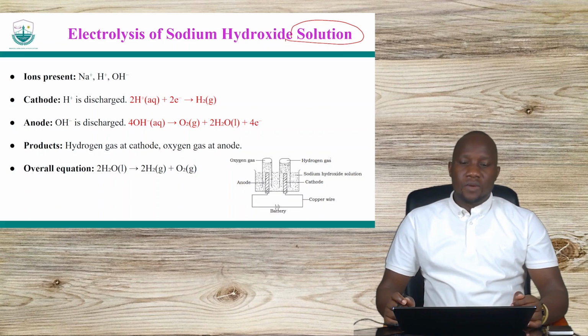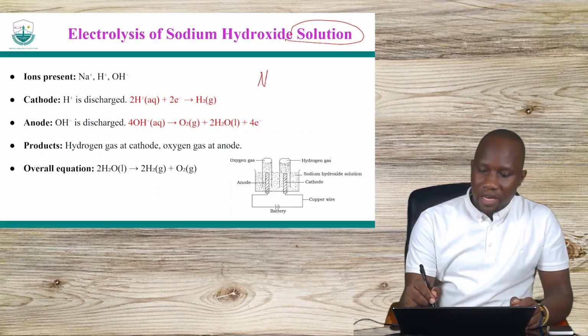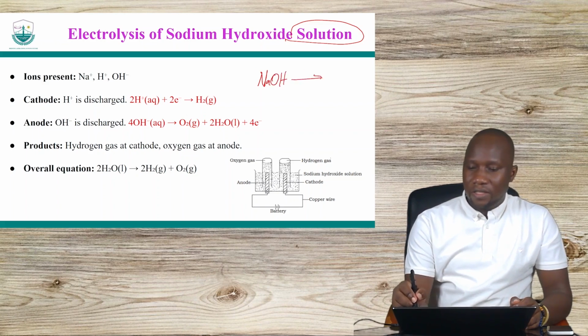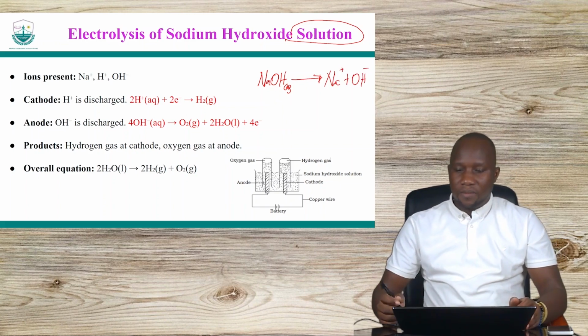In this case, when you see this solution, just know that there is water in there. So you have sodium hydroxide, NaOH, in aqueous solution. This gives you the sodium ions plus the hydroxide ions.